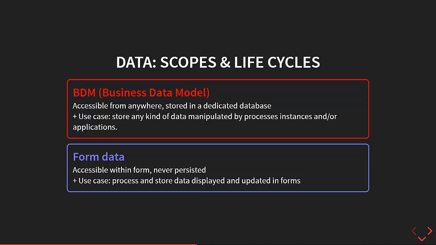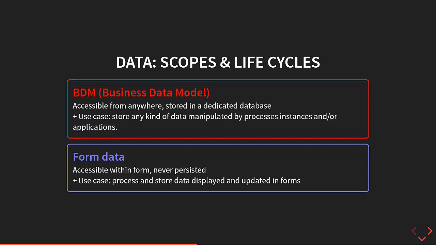When you create a business data model, what actually happens behind the scenes is that it will generate some Java objects that will be manipulated by the Bonita engine, and will also create the database table to save the data. So they are stored in a dedicated database.